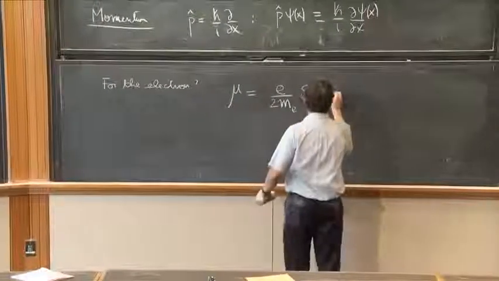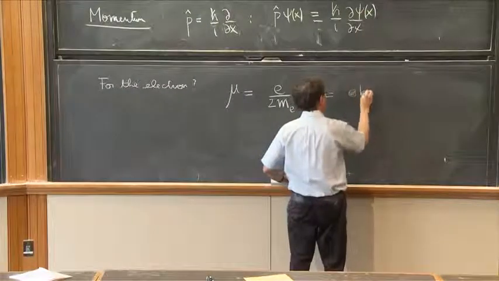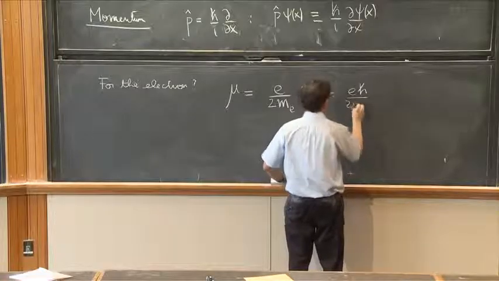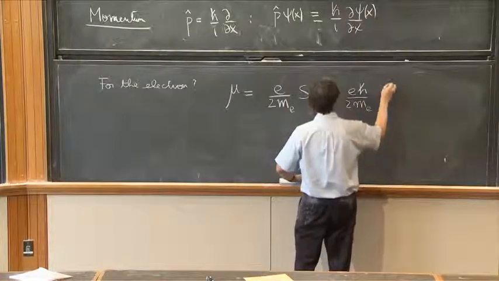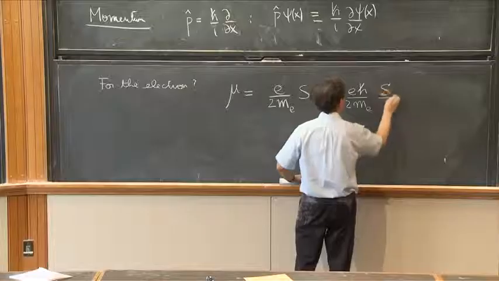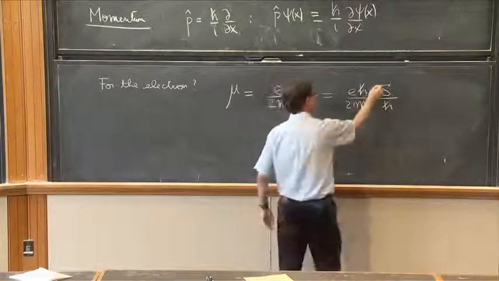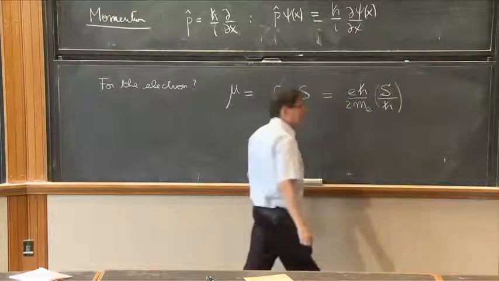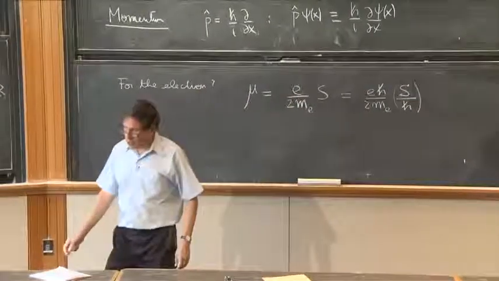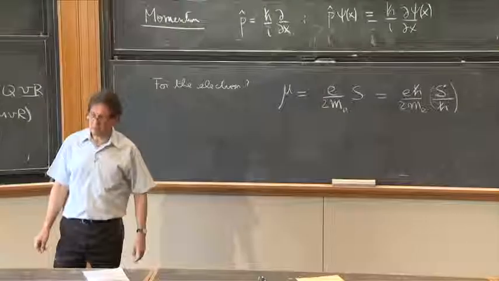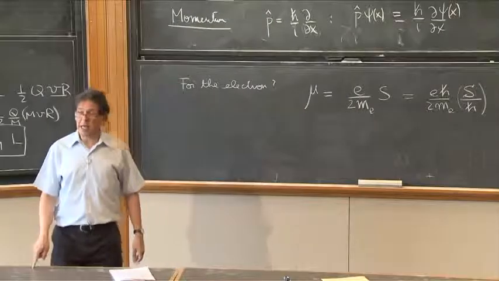In terms of units, we like to put an h bar here and a 2m_e, and put spin, angular momentum, divided by h bar, because this has no units. h bar has the units of angular momentum, x times p.